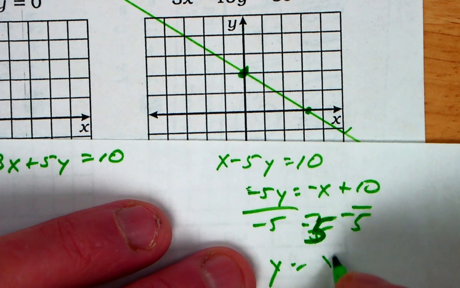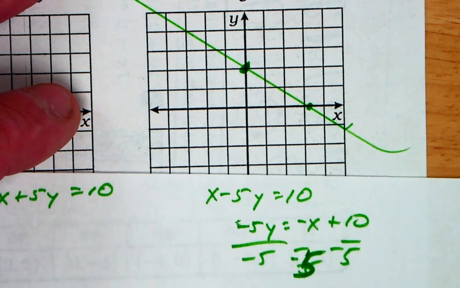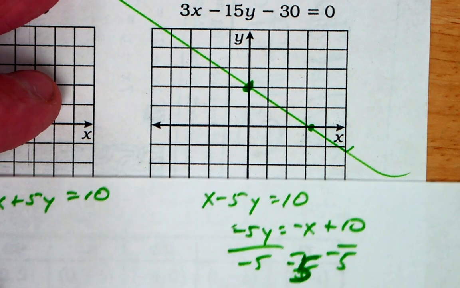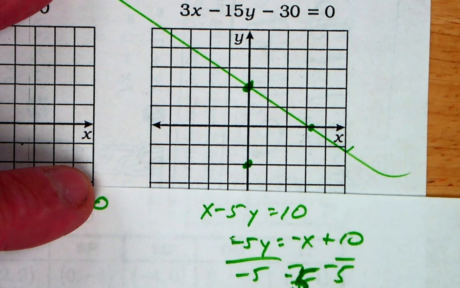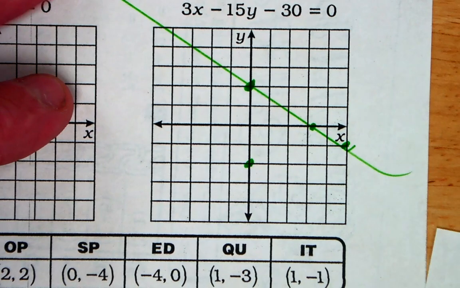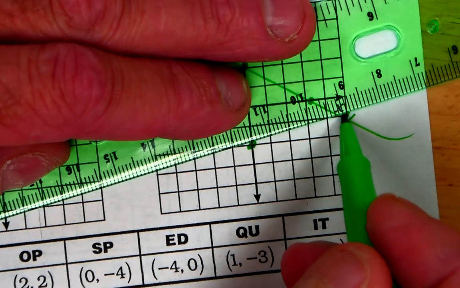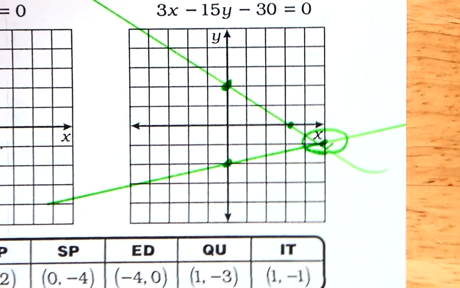Okay. So this one, negative 2. So I'm going to go up 1 over 5, up 1 over 5. And we're going to get that point right there. It looks like they come together right there.